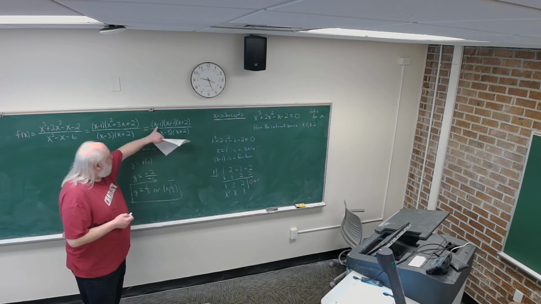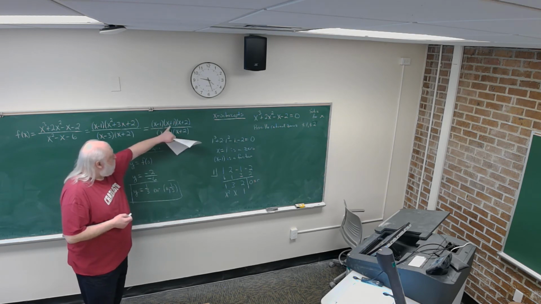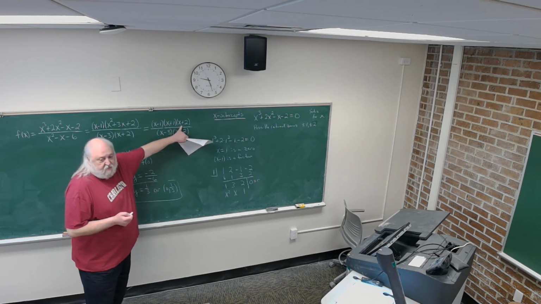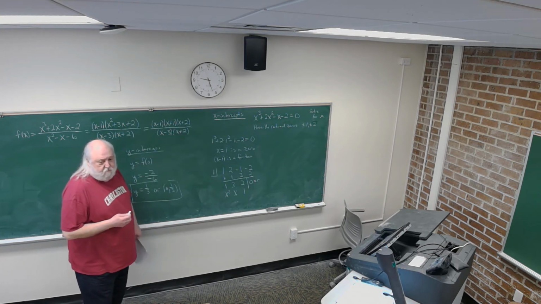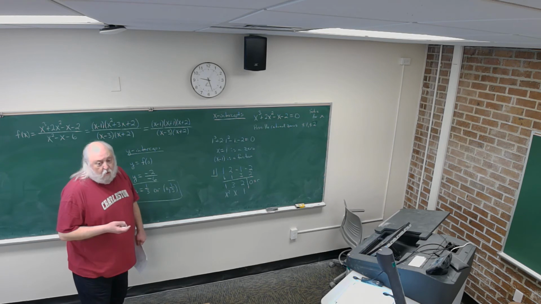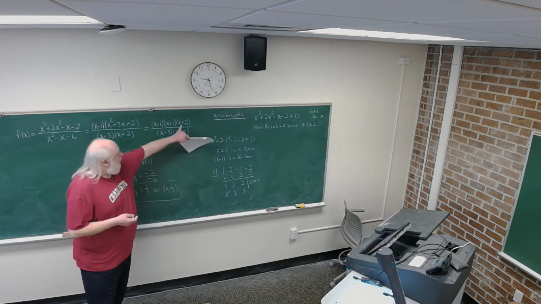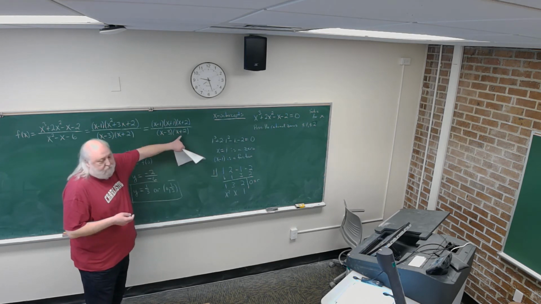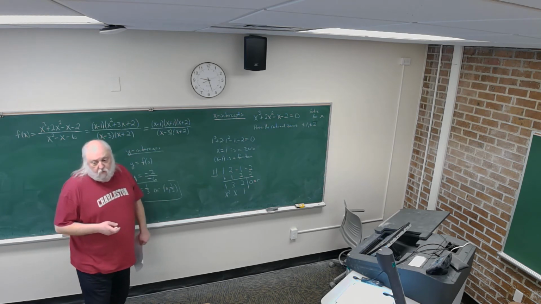We would be correct in saying there's an x-intercept at x equals 1 and at x equals minus 1. There is not an x-intercept at x equals minus 2. Does anybody know what's at x equals minus 2 in the graph of this rational function? It's a hole in the graph. When you have a common factor in the numerator and denominator, that creates a hole in the graph.